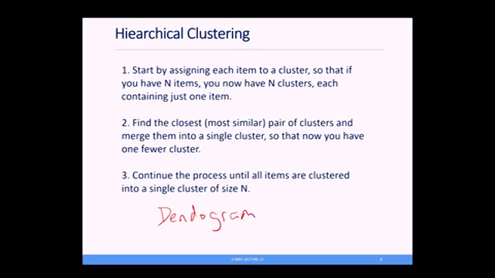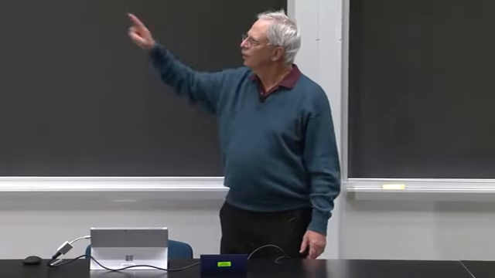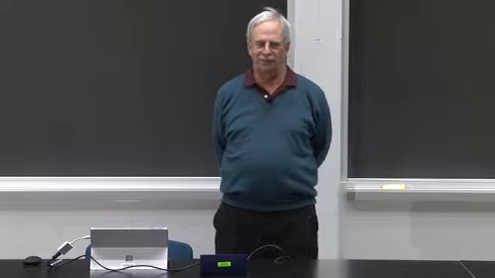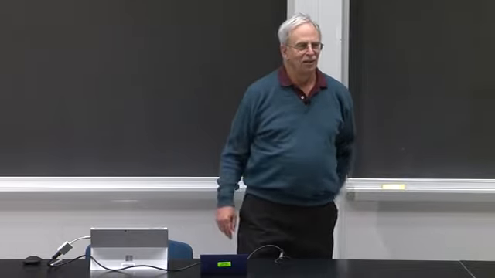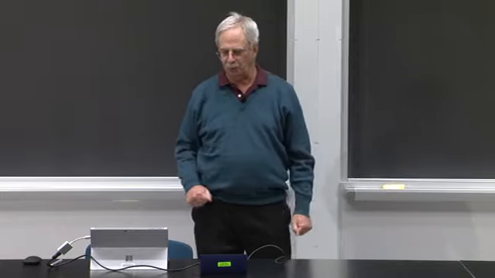At each step here, that shows you what you've merged thus far. We'll see an example of that shortly. And then you can have some stopping criteria, and we'll talk about that. This is called agglomerative hierarchical clustering because we start with a bunch of things and we agglomerate them. That is to say, we put them together.